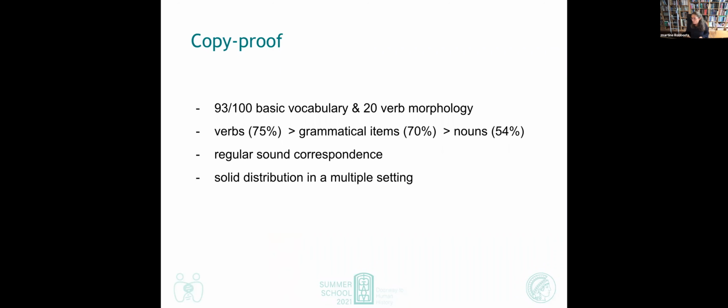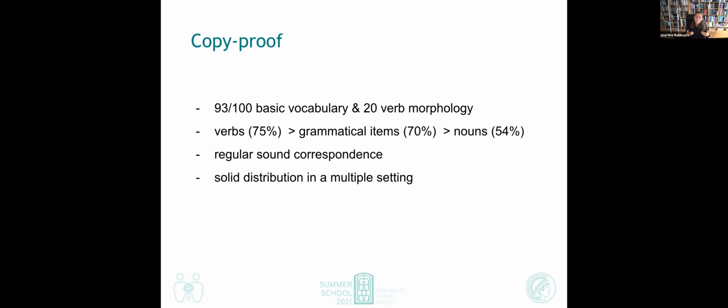As for Trans-Eurasian evidence, at least the evidence that we discussed today, I think that this evidence is relatively copy-proof. That means it's probably not due to borrowing, for a number of reasons. First of all, because basic vocabulary and verb morphology belong to the most stable parts of language, and they are very resistant to borrowing to begin with.